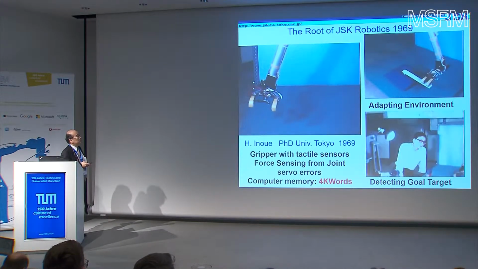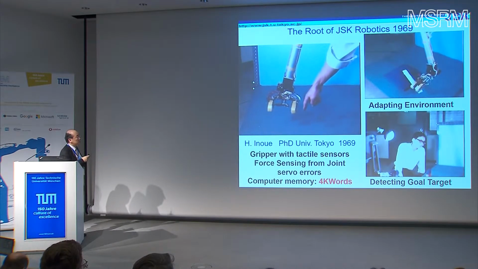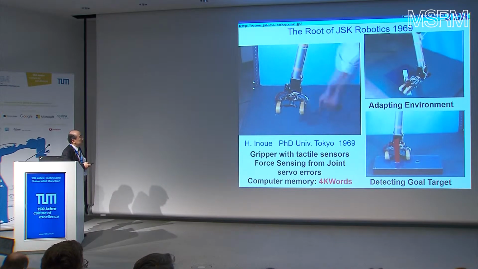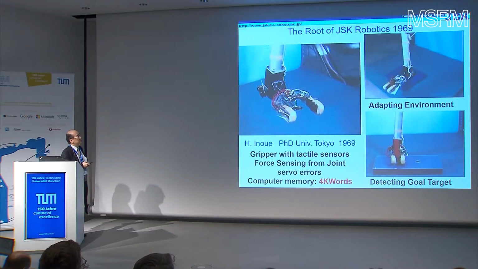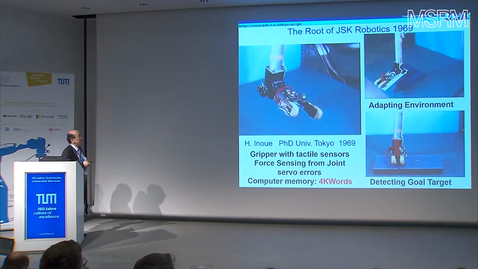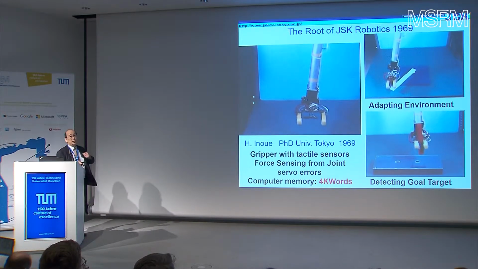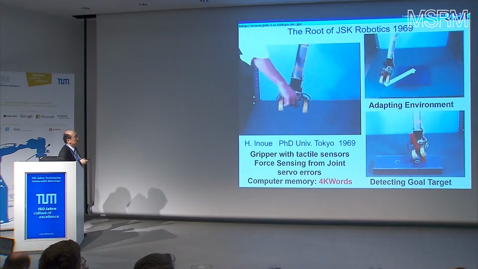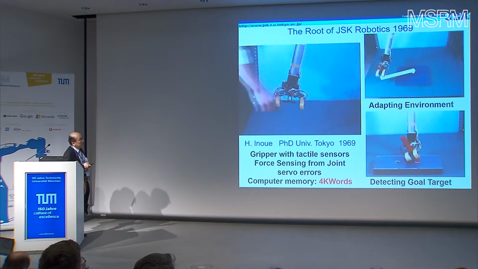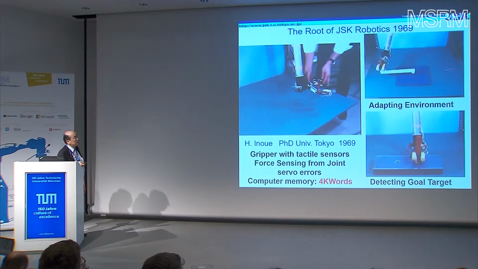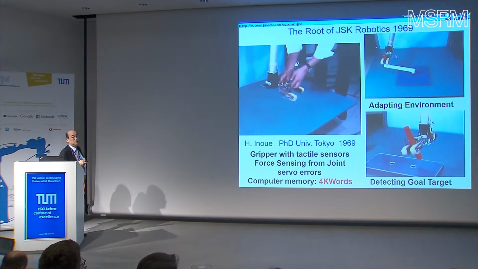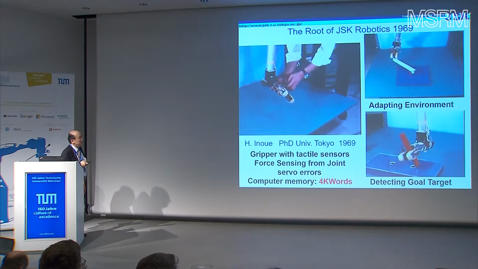At that time, computers were very small, with 4 kilowords of memory, but he built this end effector with more than 20 tactile sensors, and it can read the servo error of each joint of a 6-degrees-of-freedom arm. Then the environment can navigate the robot motion based on its state.